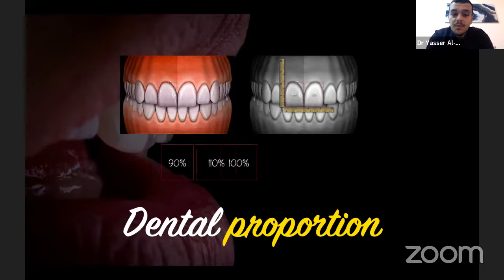But the red proportion is from 90 to 110%, which means the width of the tooth is more than the length. So the tooth will be either square or triangle.